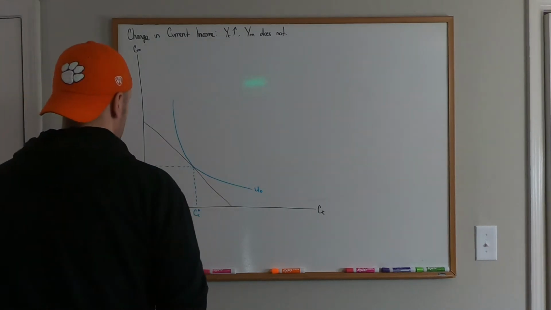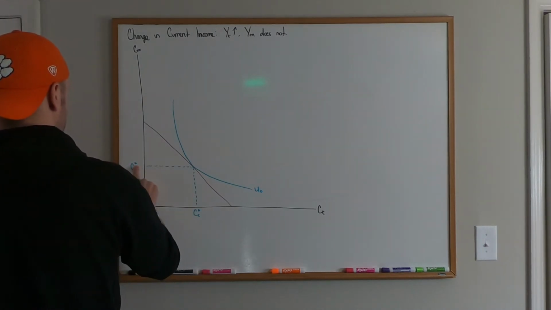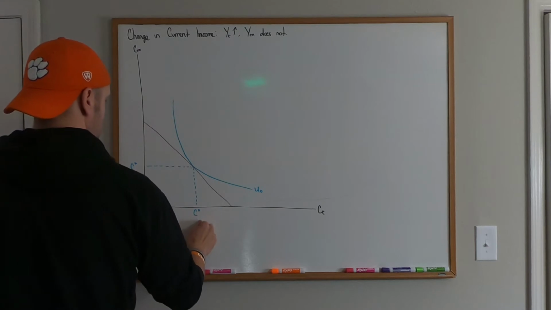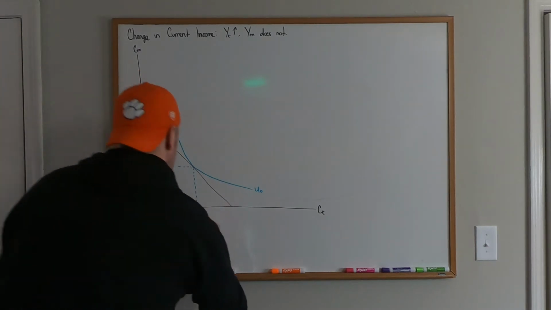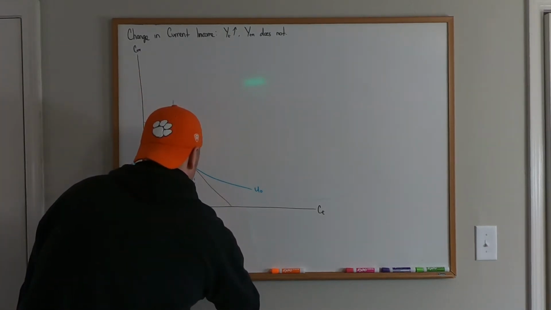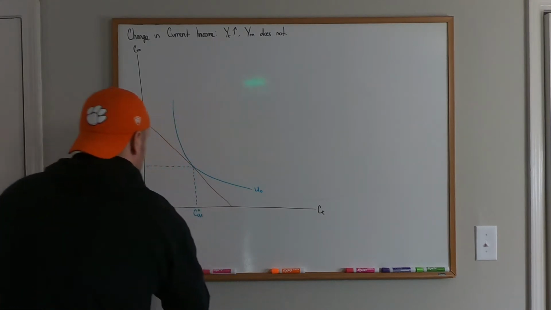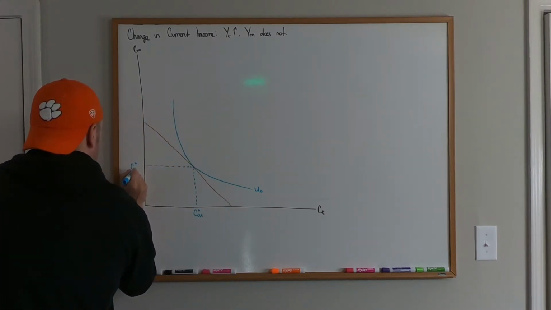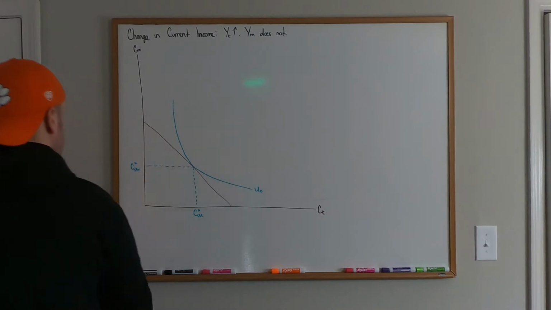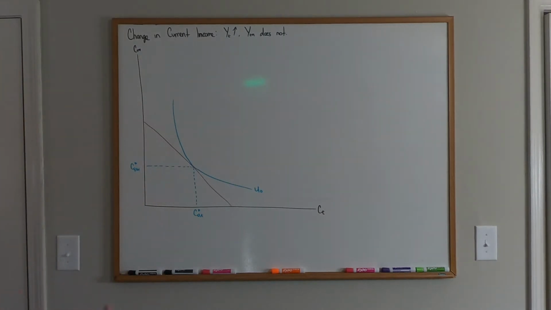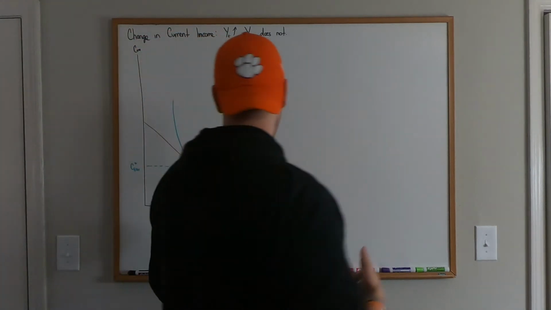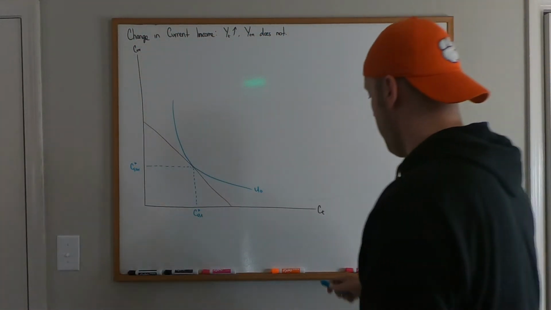When I labeled these CT and CT plus 1, let's call them C0T and C0T plus 1, because these will be changing. Because income will be changing, if income changes, consumption will be changing as well.